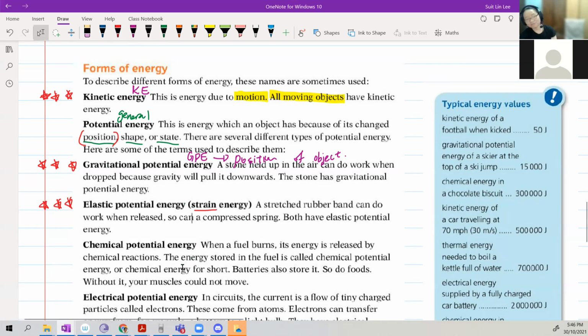When you lift the dumbbell, you are doing work against gravitational potential energy because you're lifting something that is heavy. Your force is the one that is doing the energy conversion from the chemical energy in your muscle to gravitational potential energy. But fun fact, do you know that the muscle also has elastic potential energy?